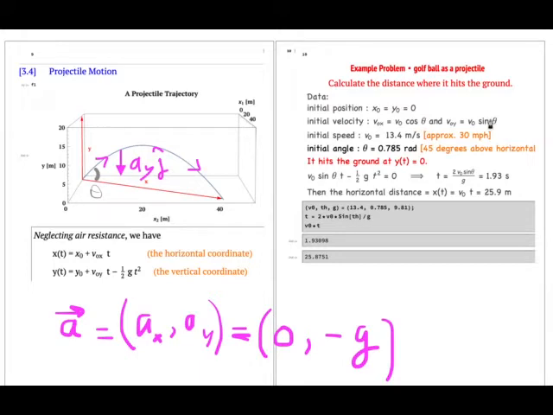Cosine of 45 and sine of 45 are both 1 over the square root of 2. And just to put in a number, let's say the initial speed is 13.4 meters per second, approximately 30 miles per hour.